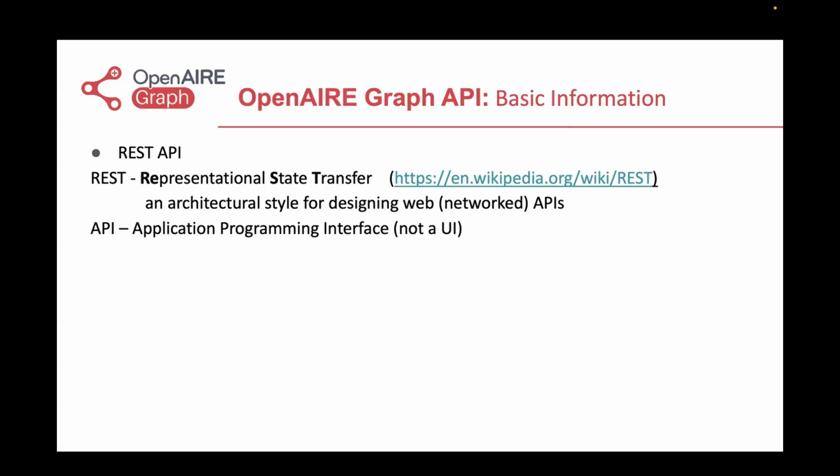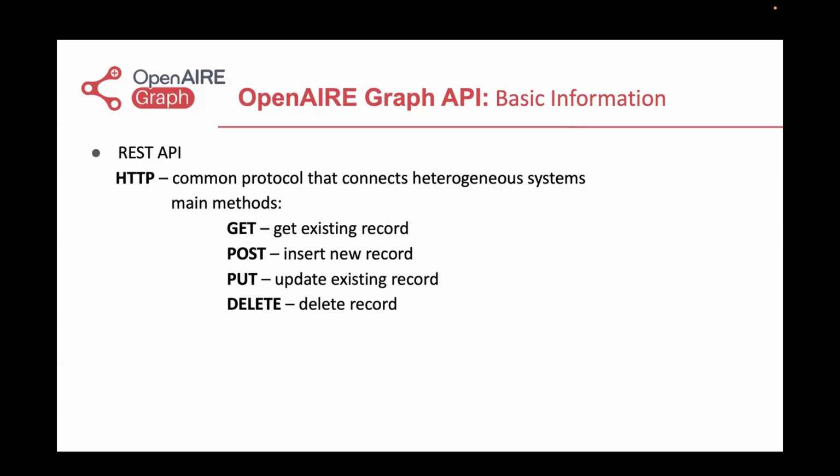So you use the existing protocol to expose your data. And API means application programming interface. So yeah, it's not a UI. You need some technical understanding to use it, but it's nothing complicated. I will show you that.